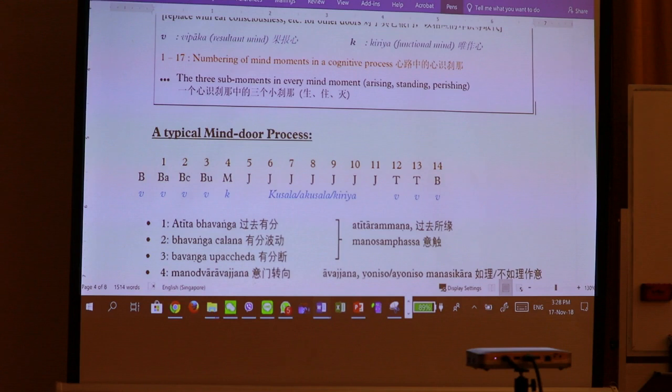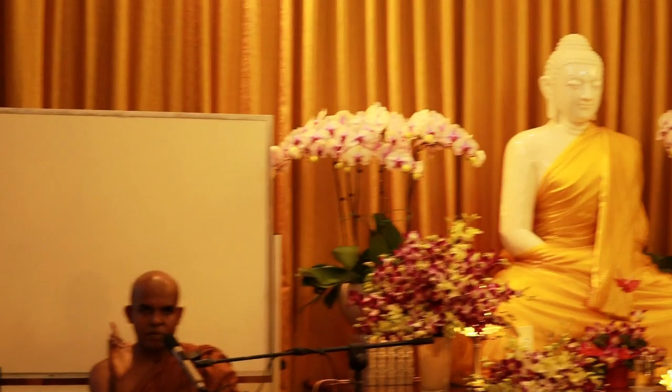But in the patisandhi moment, minus 3 virati: right speech, right action, right livelihood. And 2 appamanya, compassion and sympathetic joy, karuna and mudita. There are 5. 38 minus 5, 33. Including consciousness, 34.